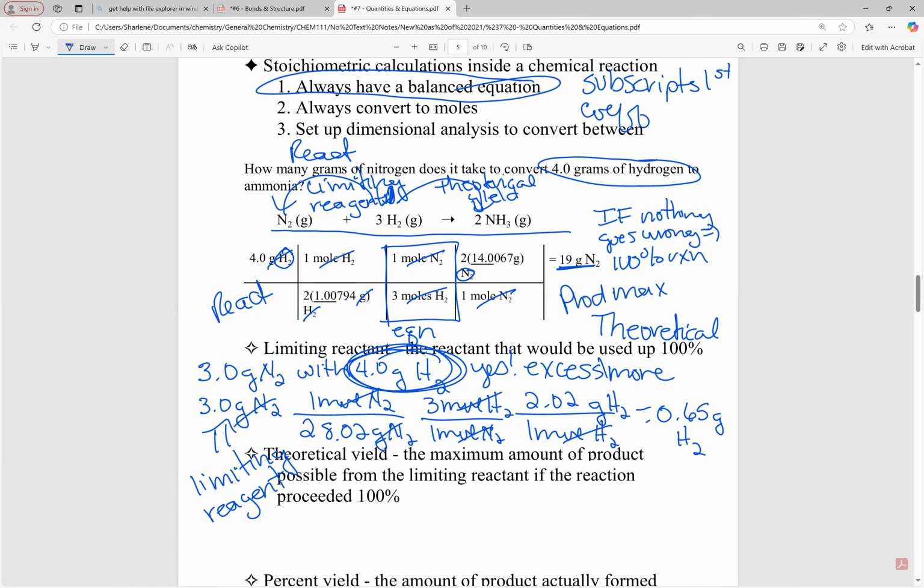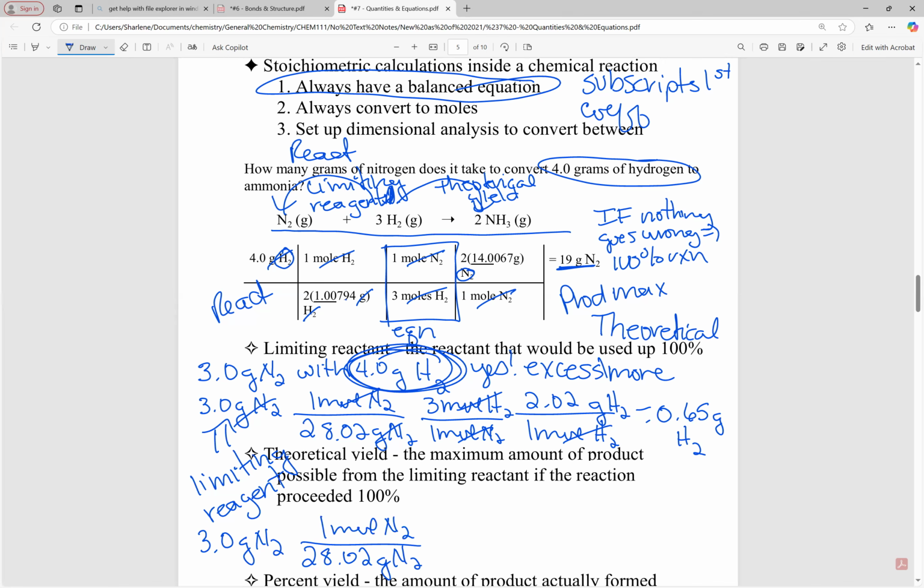So now that I've changed that limiter, I'm going to say, hey, math, if I start with 3 grams of nitrogen, how many grams of ammonia can I make? And it says, oh, Joe, chemists do not compare grams of things. So 28.02 grams of nitrogen for every 1 mole.